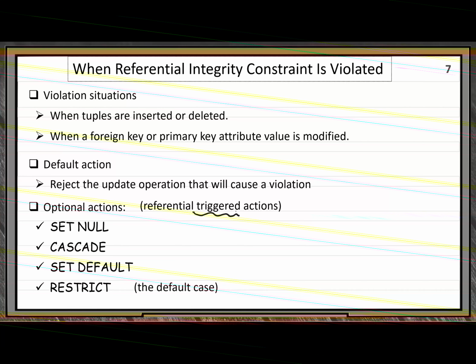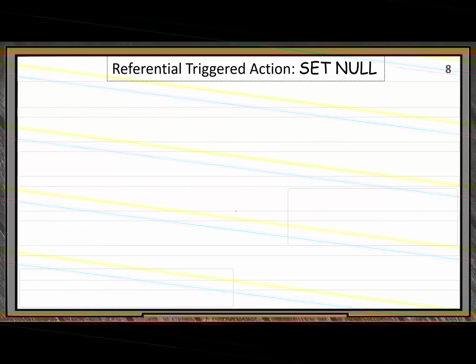Then let me use a simple example to show you how to use these actions in the violation situation. Referential triggered action, set null. First example, the set null case. This trigger terminology: something happens, and when something happens, the DBMS has an internal mechanism to do the appropriate action.